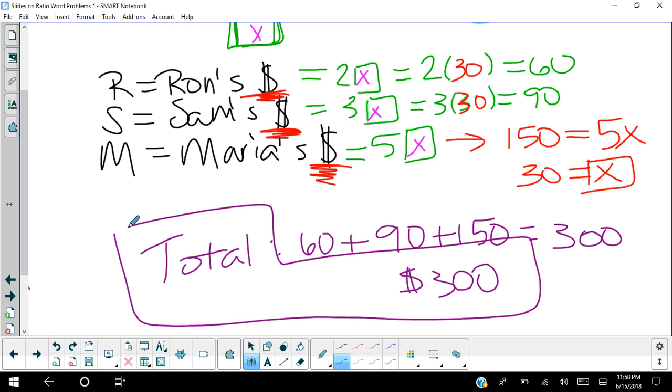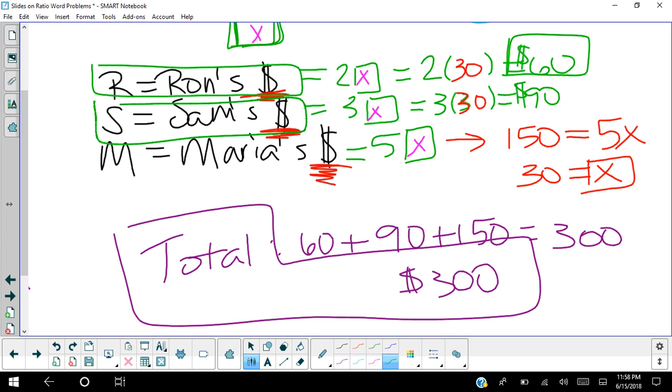Well, I figured that out. $60 for Ron and $90 for Sam. I could see them doing a question that wanted just the total of Ron and Sam, and that being all they asked for. Or maybe just picking one person and asking you to find how much that one person made.